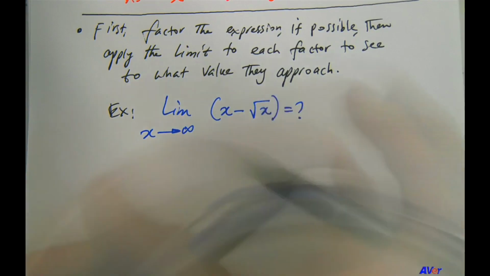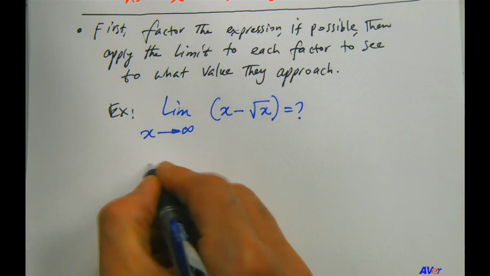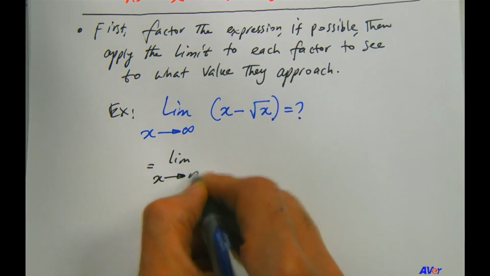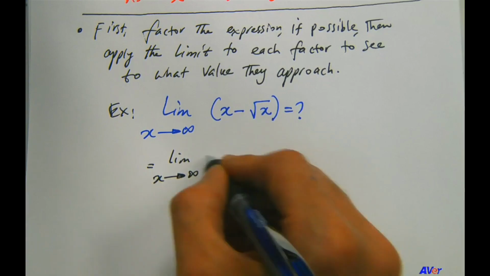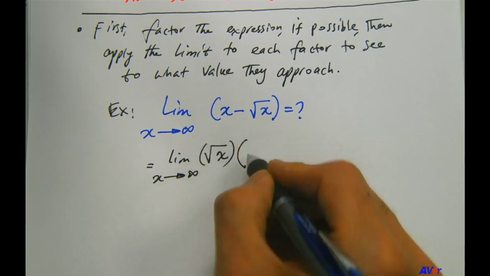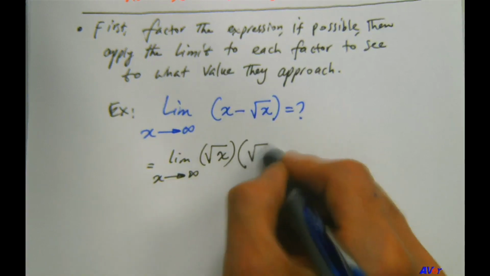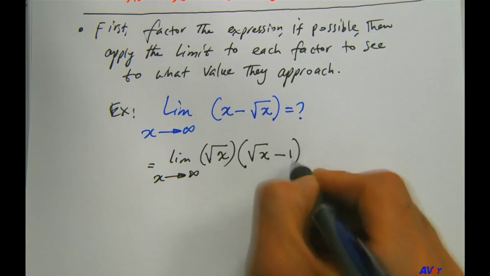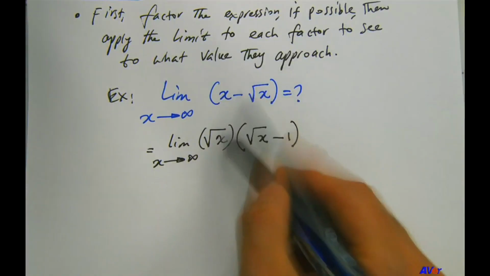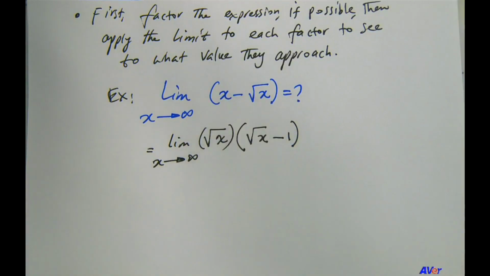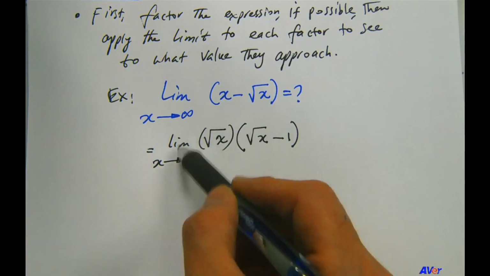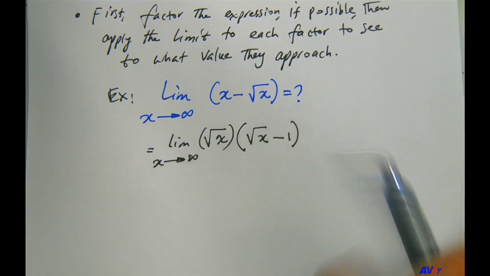So we can factor out the square root of x. So the limit as x approaches infinity of the square root of x factored out. What do we get? We get the square root of x minus 1, right? Now that we've factored out this expression, let's see how each factor behaves as x approaches infinity.